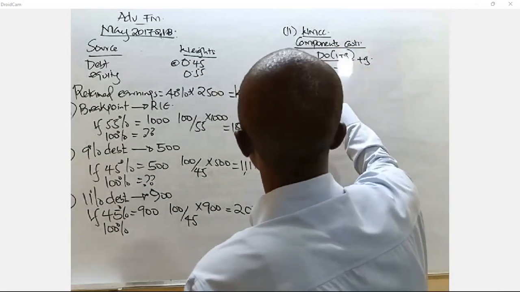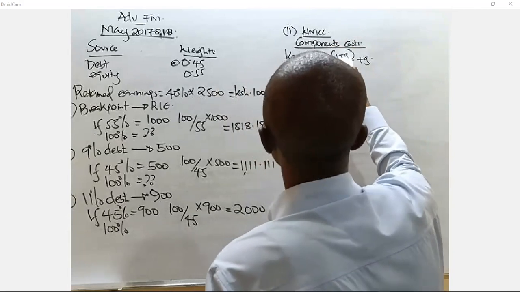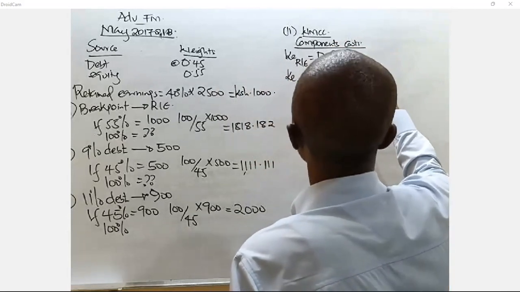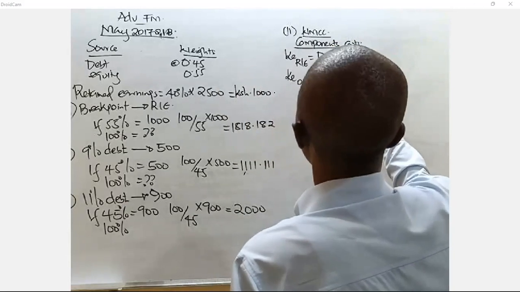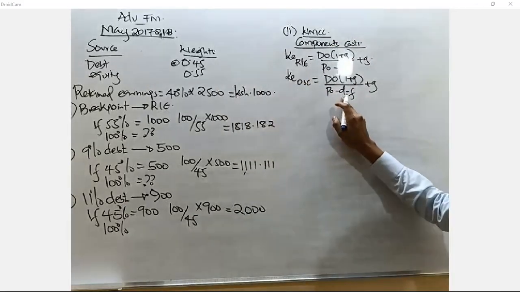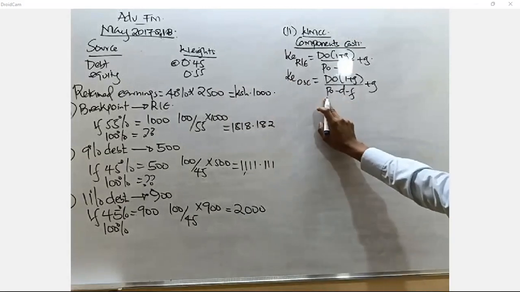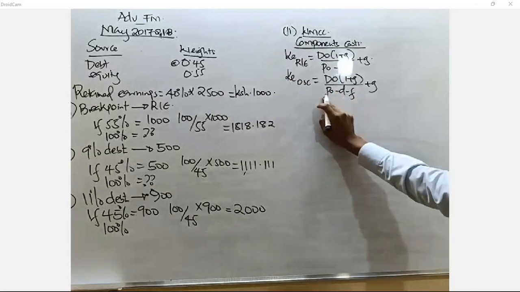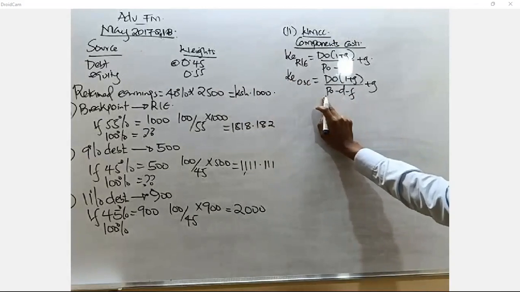But if you are doing the cost of equity of ordinary share capital, you take D0 (1 plus g), divide by P0 minus D minus F, plus g. These are discounts; if available in a question, they normally reduce your market values. This is the flotation cost. If it applies in the question, it normally reduces the market value.